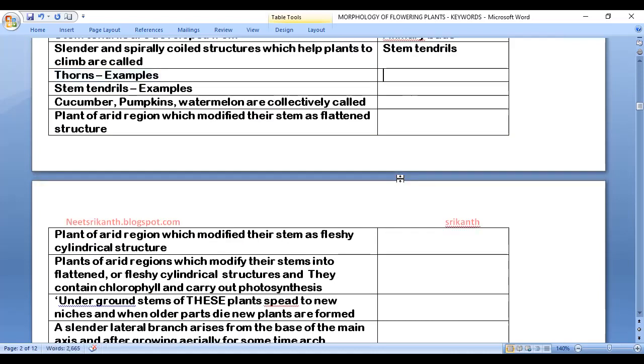Examples of thorns are citrus and bougainvillea. Examples of stem tendrils are gourds and grapevines.